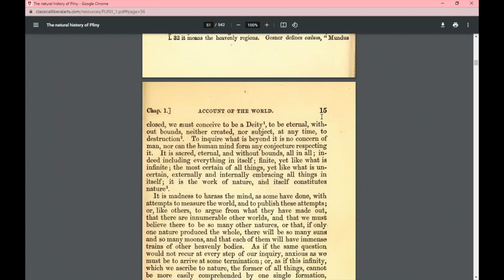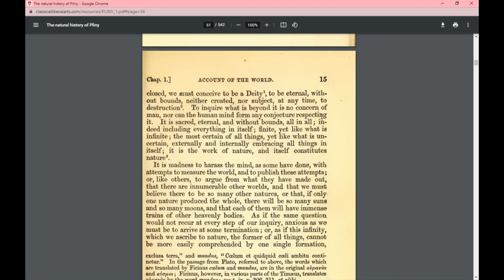What's a wolf like? A wolf is a fraudster, right? Deceitful. Those are the nature of the animals. You can't make a pet out of a wild, ferocious animal. People have tried, and usually they get killed by it because the nature of that animal can't be changed. The world is the work of nature, but itself constitutes nature.